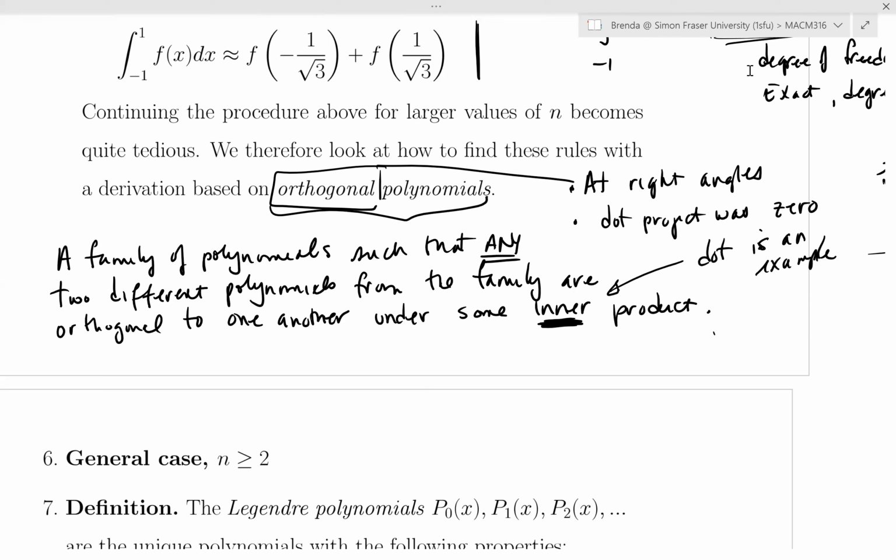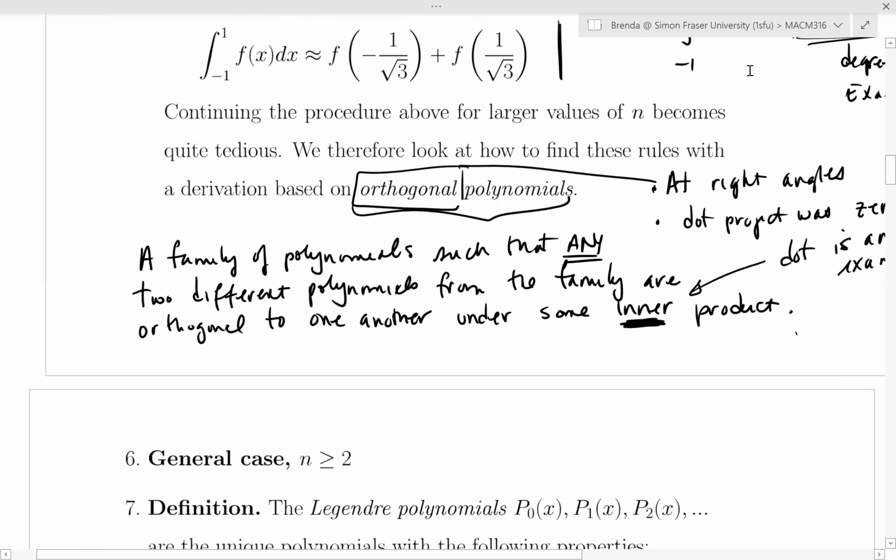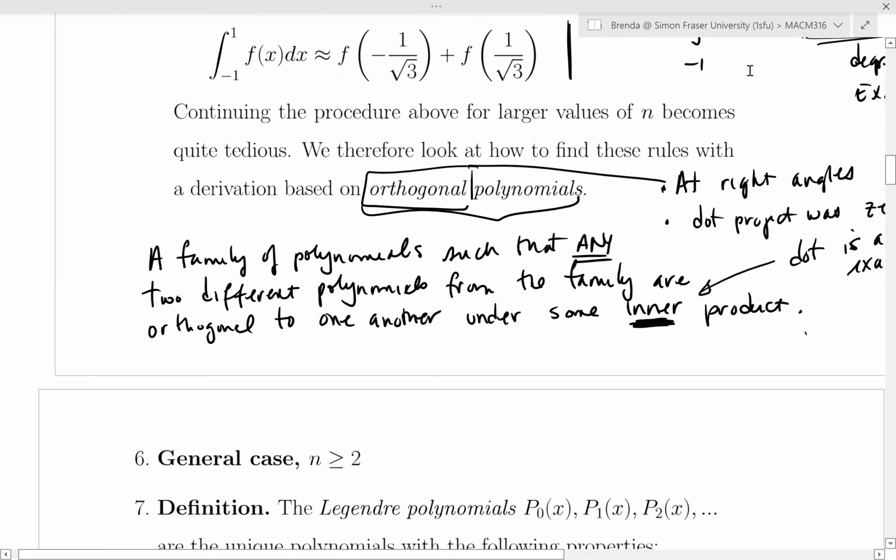But then we have this idea of an inner product, and for vector spaces, which are Rn, the inner product is the dot product. That is just an example of an inner product. So now we're going to have possibly a different type of inner product, but it functions in the same manner and it tells you the same thing as the dot product, which is also an inner product.